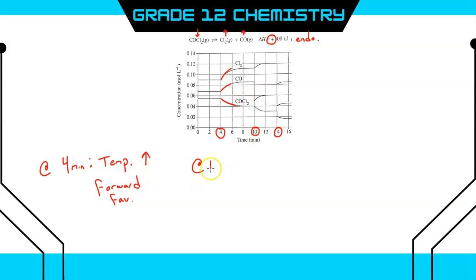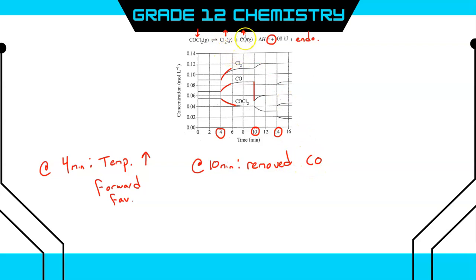All right, now let's look at 10 minutes. What happens at 10 minutes? Looks like we have an immediate spike, a drop of carbon monoxide. Just one spike means something was added or removed. It's the carbon monoxide, and since the concentration decreased, we clearly removed carbon monoxide.